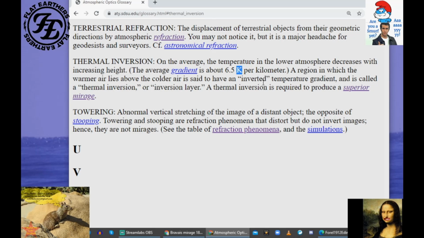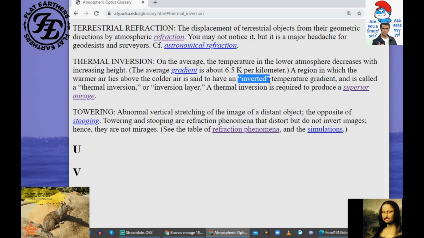Why? If that's what it is, why call it inverted? That makes no sense. A mirage has an inverted image, to be sure. Well, that's an appropriate designation.